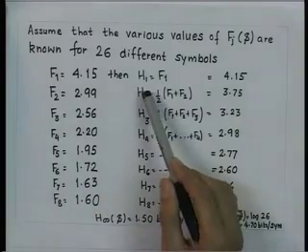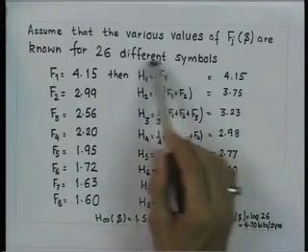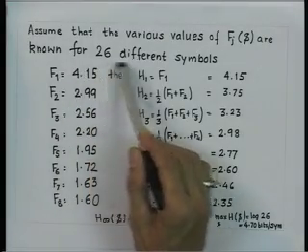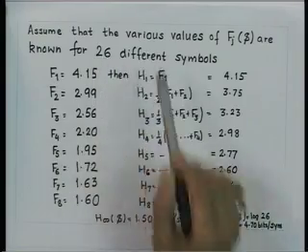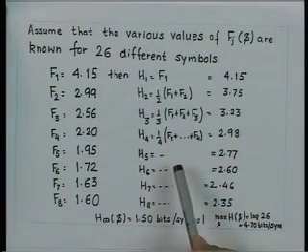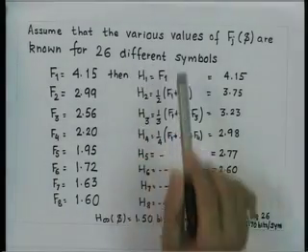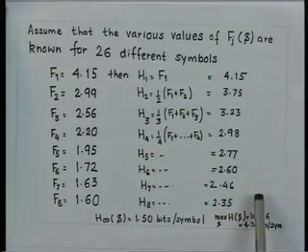And if I were to find out the maximum value of information which I can get from this source which consists of 26 different symbols, the value will obviously be equal to log of 26. That will happen when I assume the symbols are all independent, and that turns out to be 4.7 bits per symbol.